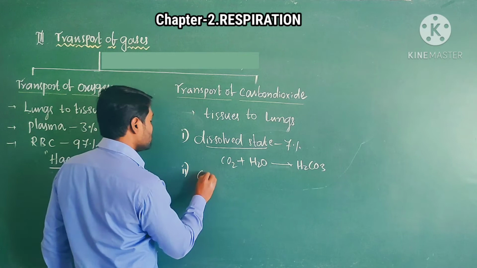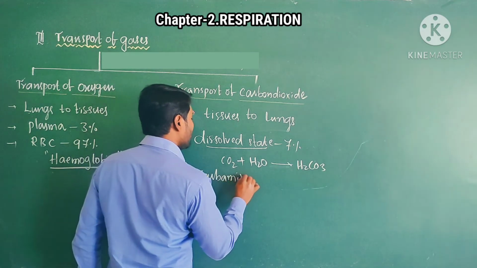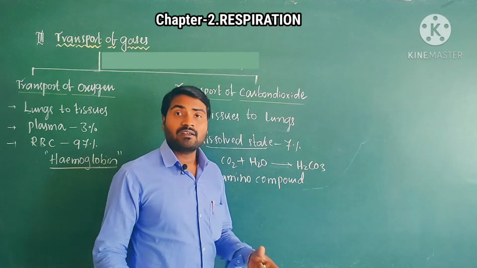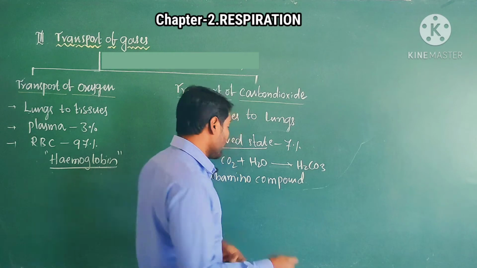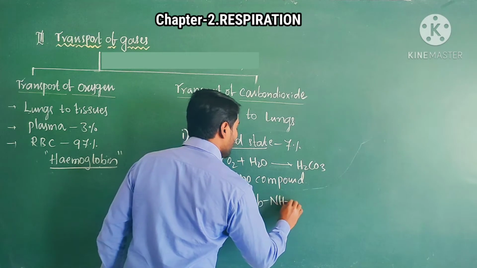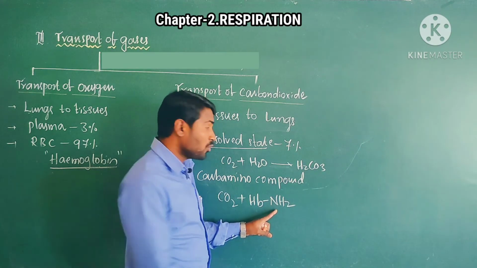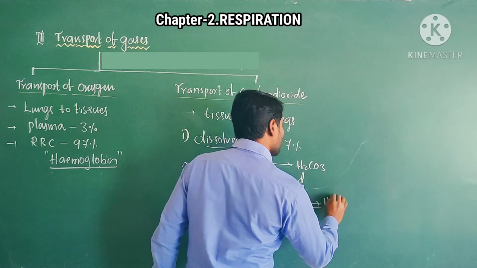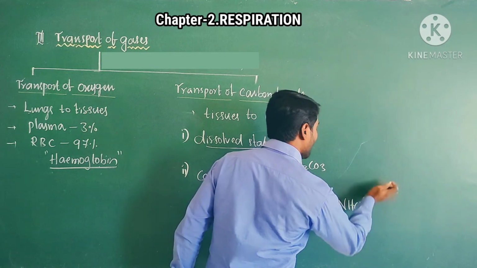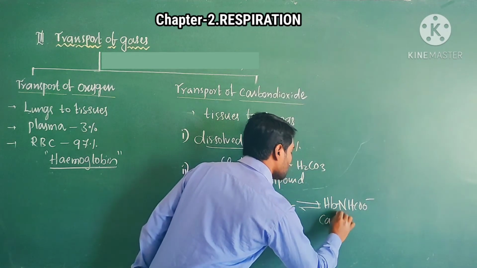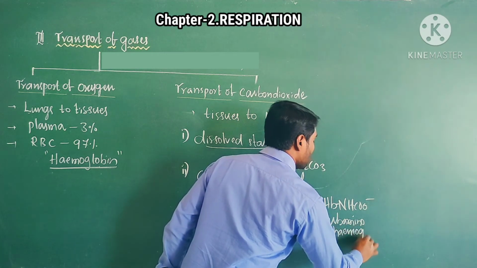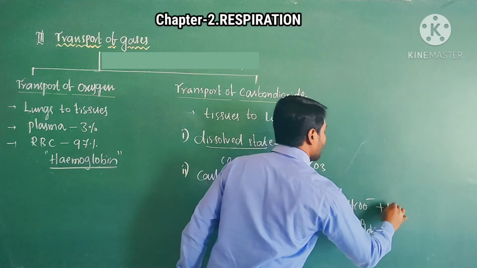And one more form, the carbamino compound, which is nothing but carbaminohemoglobin. This carbon dioxide reacts with the amine group of hemoglobin and forms carbaminohemoglobin plus H plus protons.